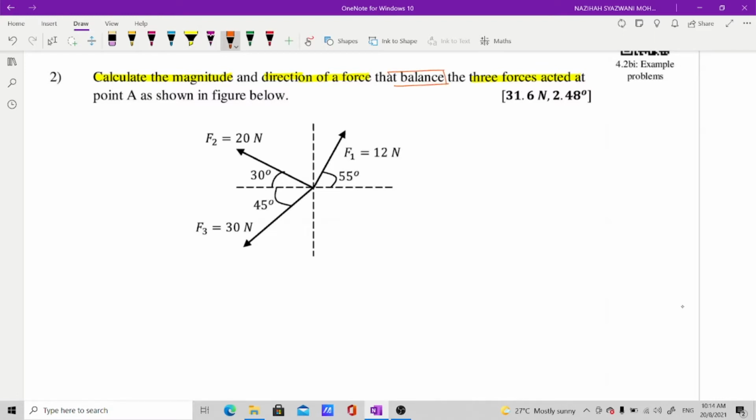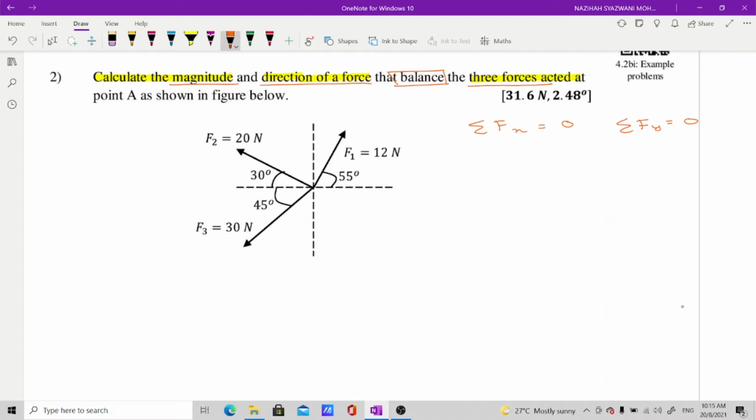What we know about balance is that summation Fx equals 0 and summation Fy equals 0. In this question, they ask for the direction and magnitude of another force that balances this free body diagram.